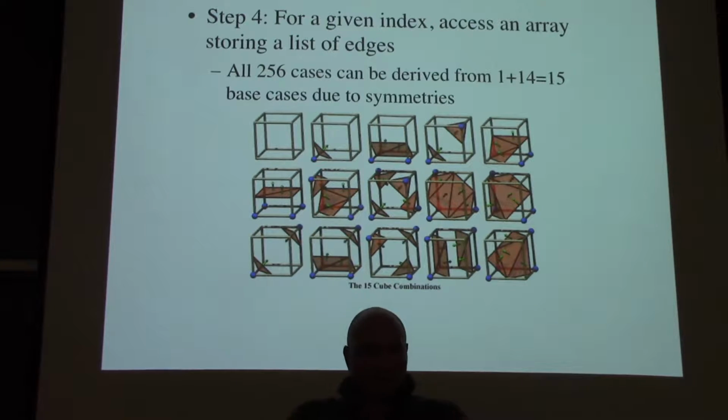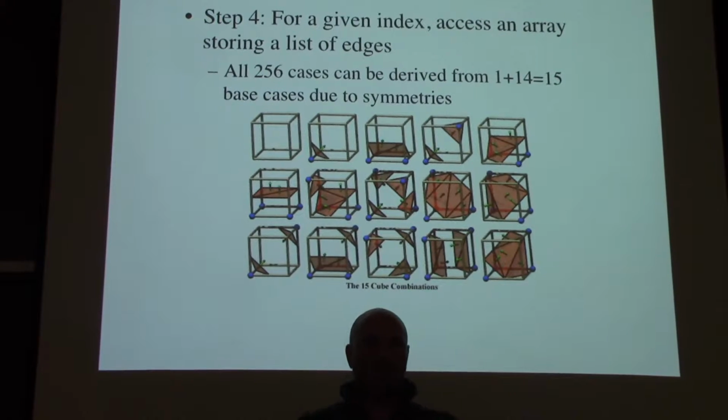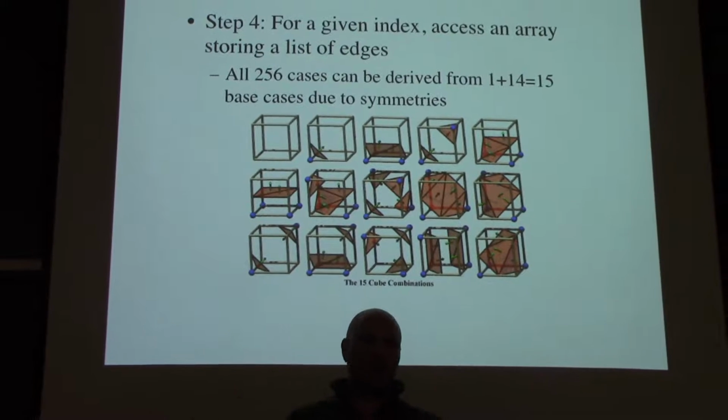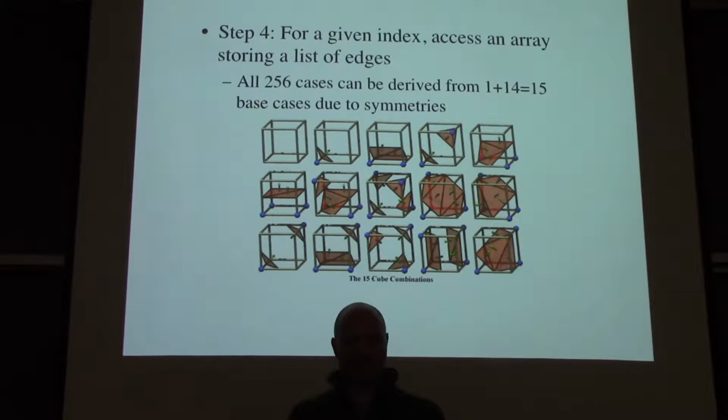And it turns out, and this was found exhaustively by Lawrence and Klein in their paper, that there are, in theory, 256 cases that you can have, but if you reduce this down to the unique cases, then you really only have 15 cases in marching cubes.